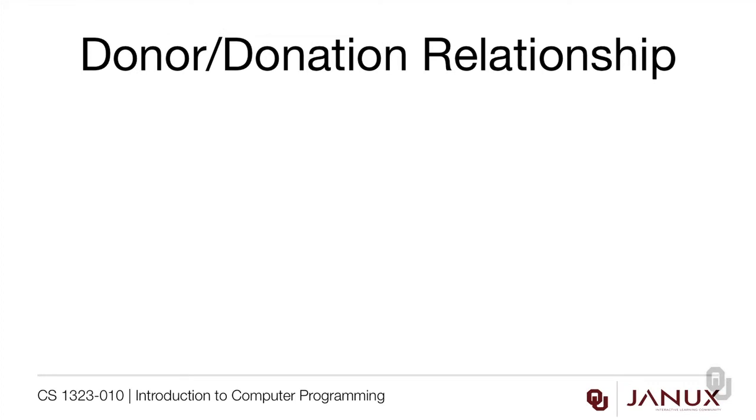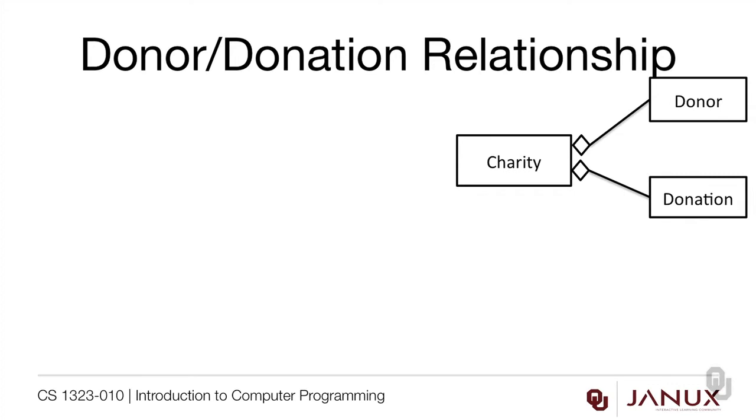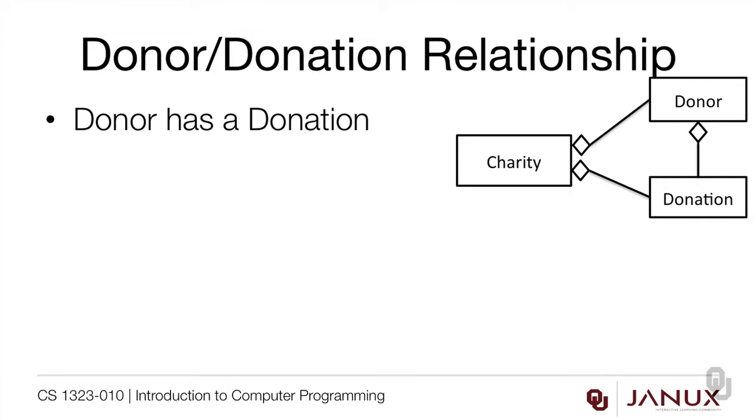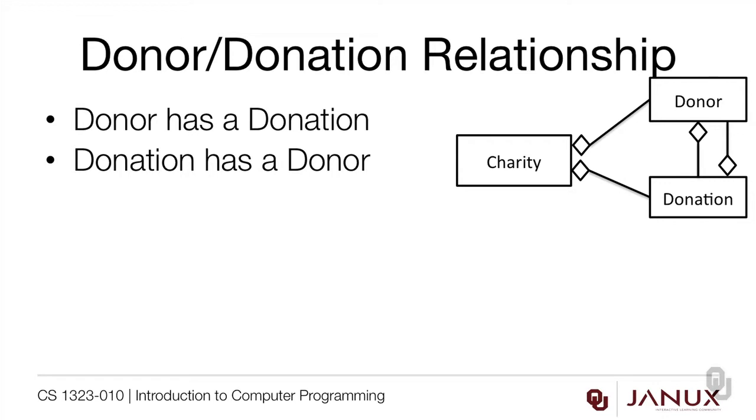Now the relationship between donor and donations, that one's a little bit more complicated. So this is what we have so far. The charity aggregates donor and donation. But we know that a donor has a donation, which would look like this, aggregating, and a donation has a donor, which looks like that.